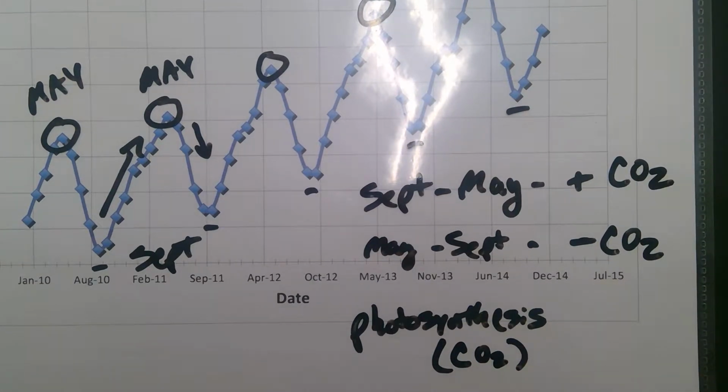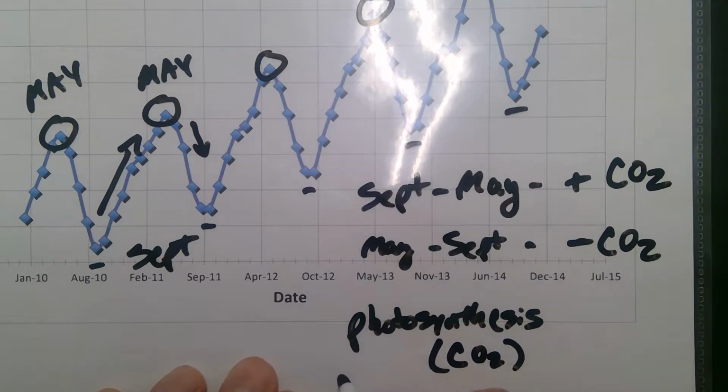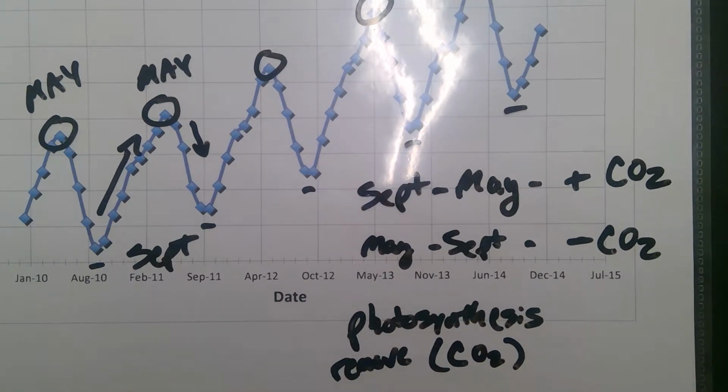photosynthesis. So photosynthesis is going to remove CO2 from the atmosphere. And honestly, from May to September, that's when you get the most plant growth. We use less fossil fuels during that time frame. So overall, globally, CO2 levels tend to decrease.